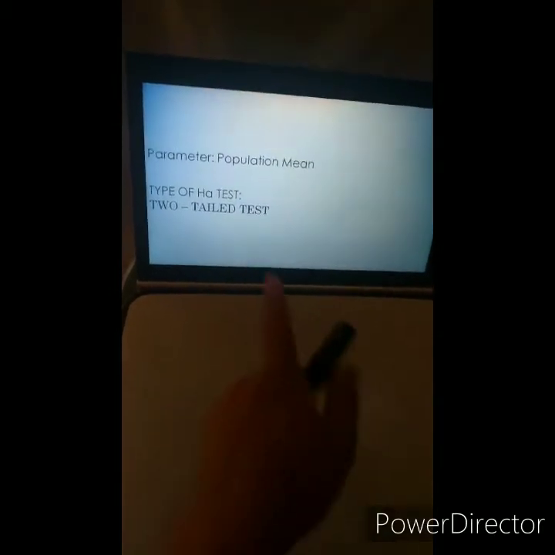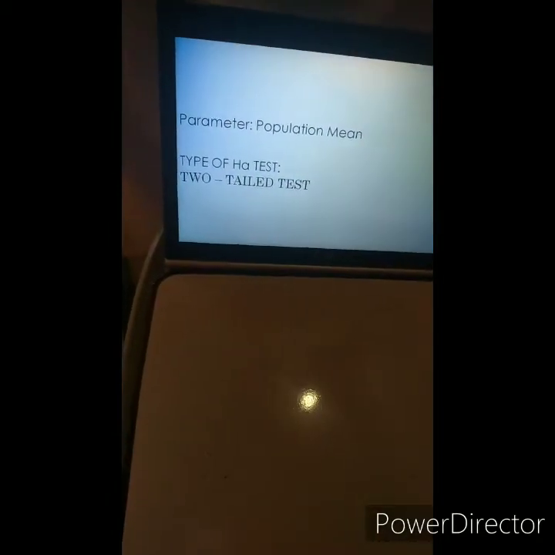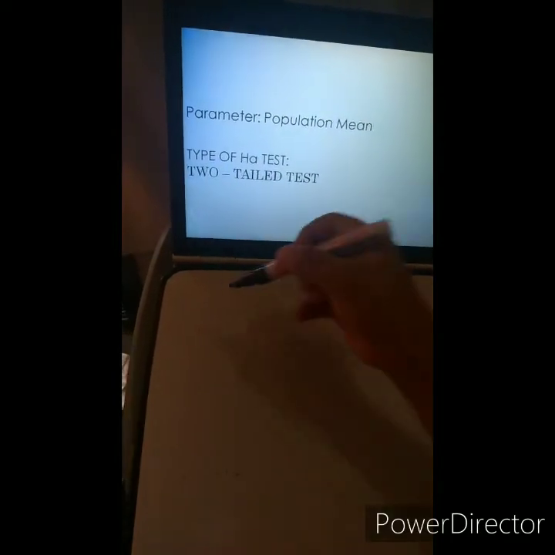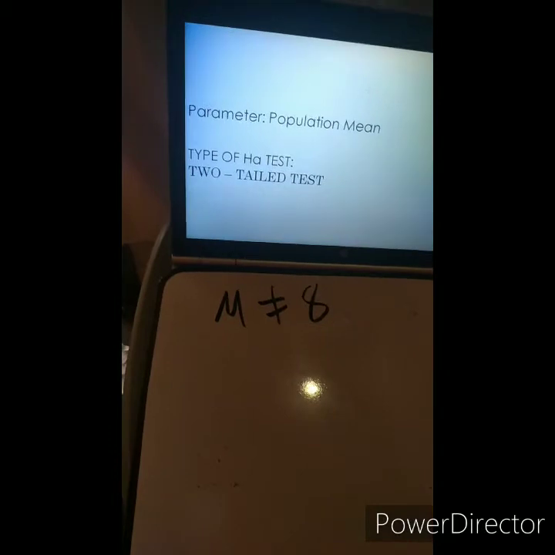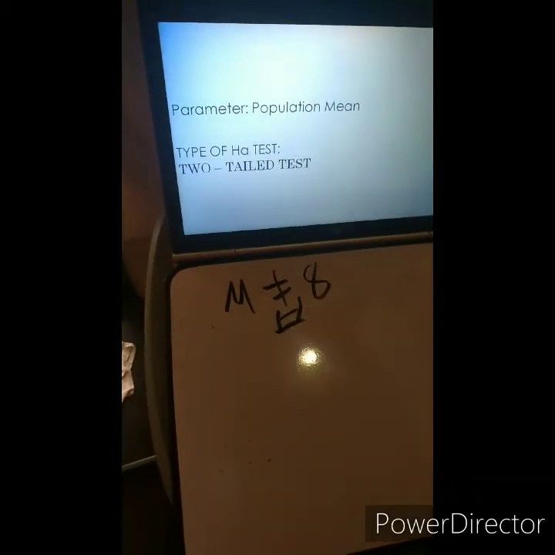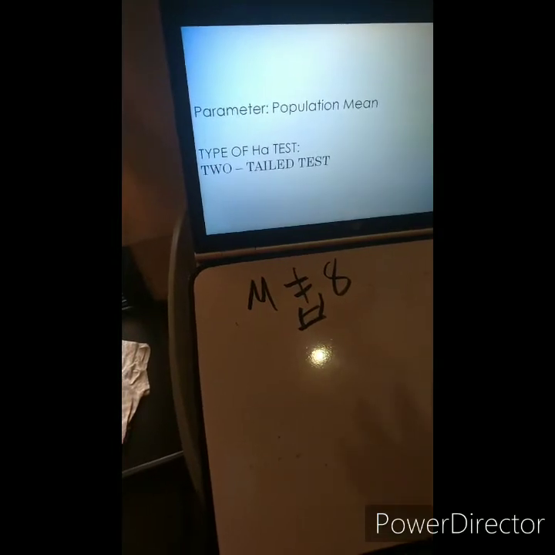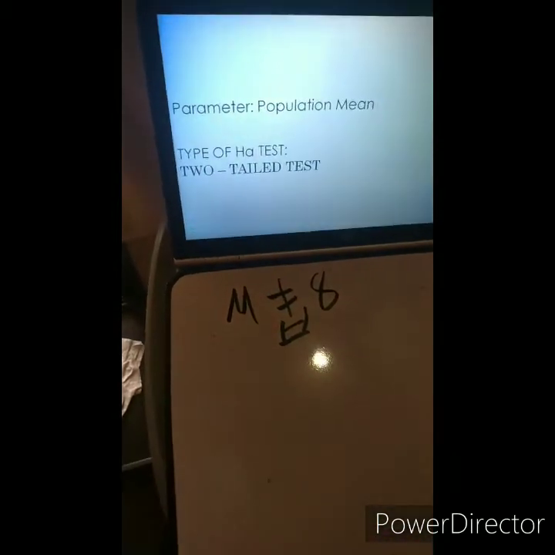It is two-tailed, because going back to our alternative hypothesis, mu is not equal to 8. Because of the not-equal-to symbol, we will have a two-tailed test.